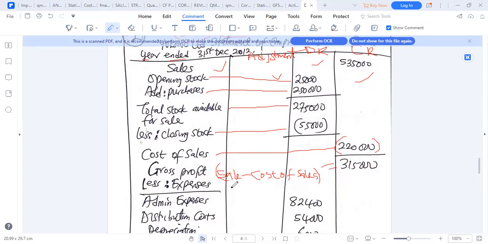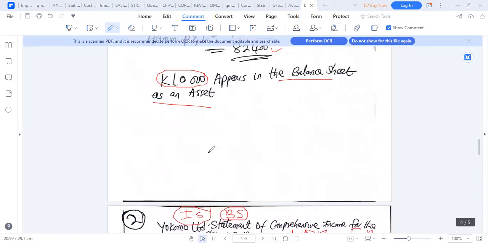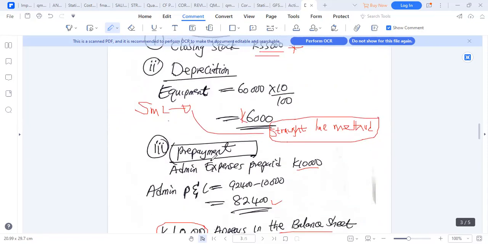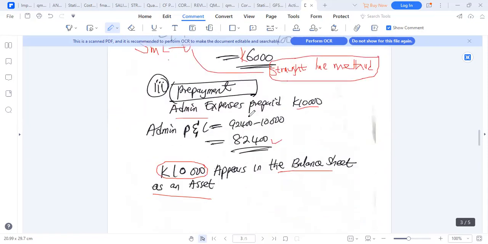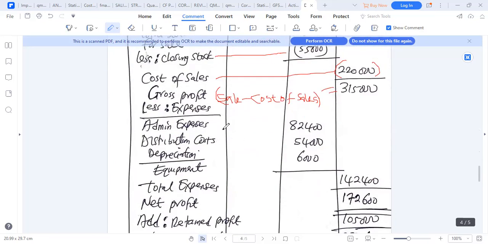Now, from the gross profit, we have to find the expenses. What expenses are we looking at? Admin expense was there among the expenses. We removed the prepayment, so the actual figure to go in the income statement, or the profit and loss account, is 82,400. So admin expense is 82,400. Distribution cost is an expense as well.